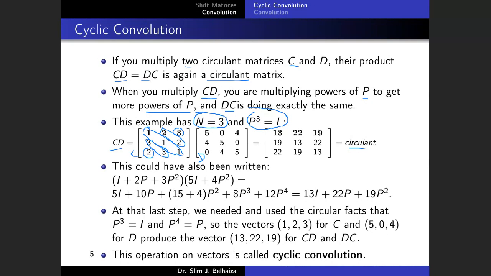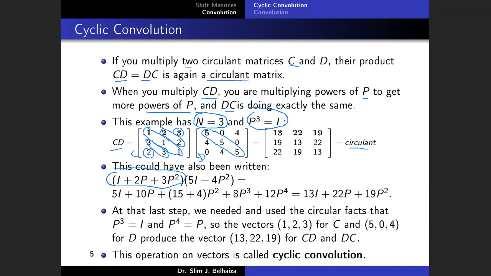In fact, this could have easily also been retrieved if you consider that this C is I plus 2P plus 3P squared, multiplied by 5I, you see 5 is on the diagonal here, plus just 4P squared.